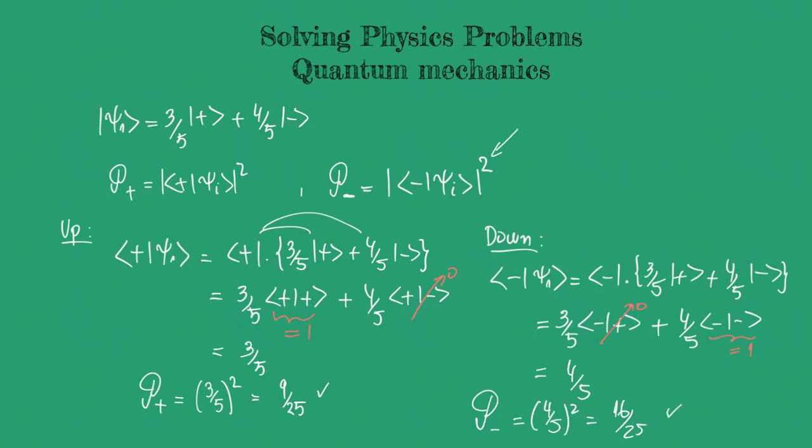So that's the probability of finding spin down if a measurement is made on the ket psi1. As you can see, if we sum these two probabilities, the probability of finding spin up with the probability of finding spin down, we get 100%, which totally makes sense since we have only two possibilities.